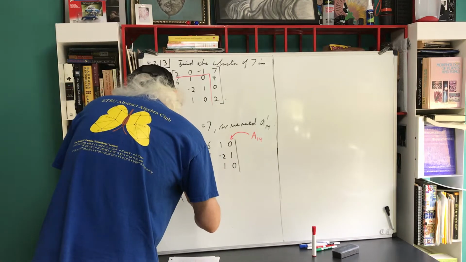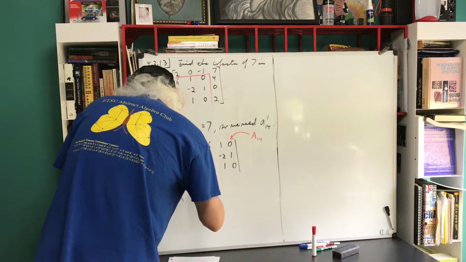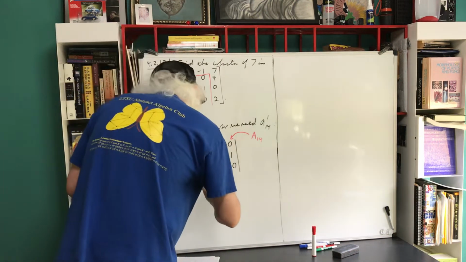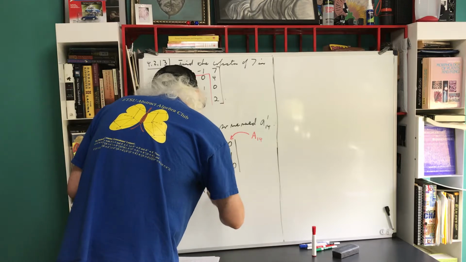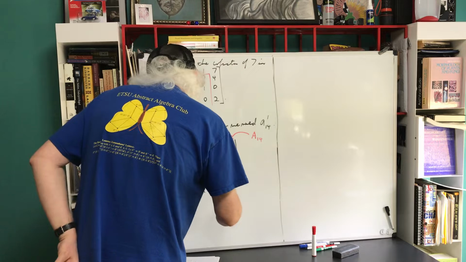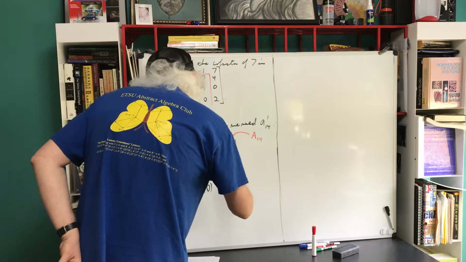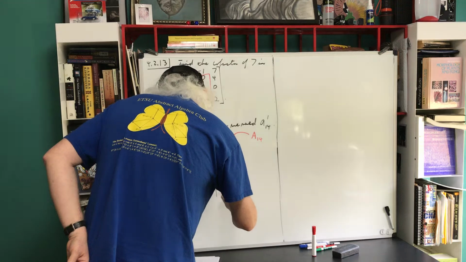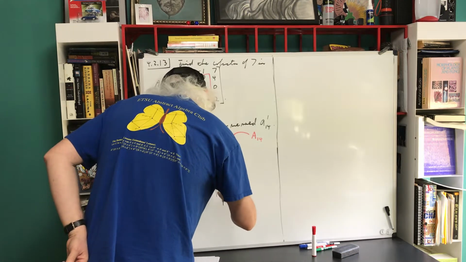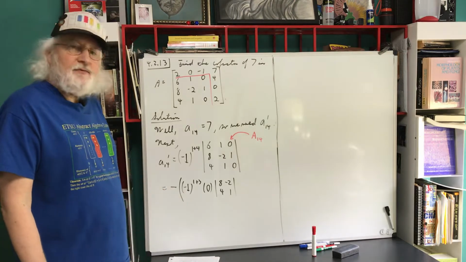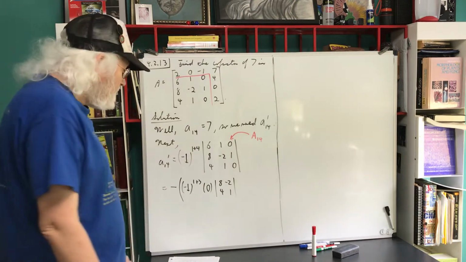We'd actually have negative 1 to the 1 plus 3. So it's 1 times the entry 0 times the determinant of the minor matrix. All right, so we have 8, negative 2, 4, 1. Of course, we've got the 0 out front, so I really don't care about the other numbers.